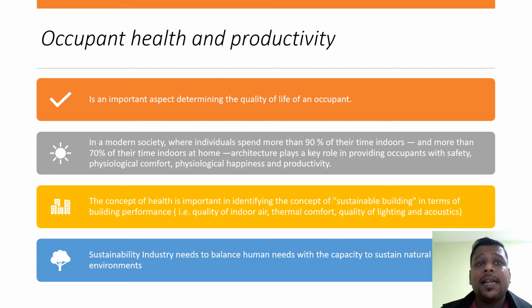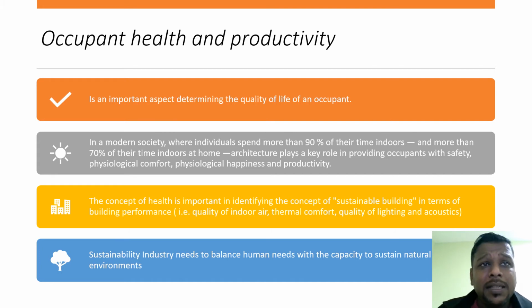The concept of health is important in identifying the concept of sustainable building in terms of building performance. For example, quality of indoor air, thermal comfort, quality of lighting, and acoustics.